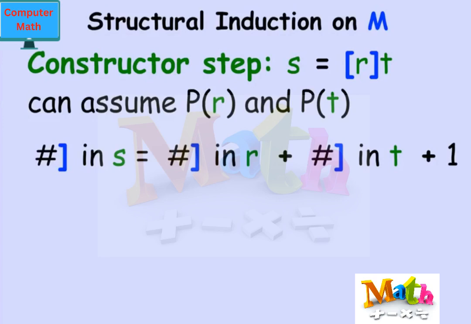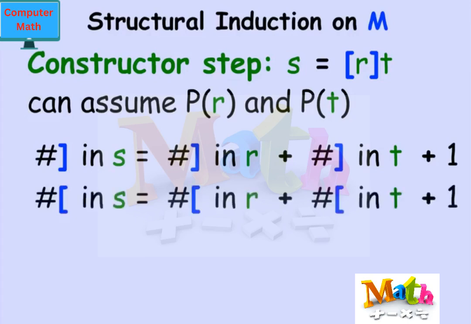Then it's the right brackets in R. And then there is a new right bracket that gets added, and then there are the right brackets in T. So the number of right brackets in S is the sum of the number in R plus the number in T plus one more, because the constructor threw in one more right bracket. By exactly the same reasoning, the number of left brackets in S is the number of left brackets in R plus left in T plus 1.